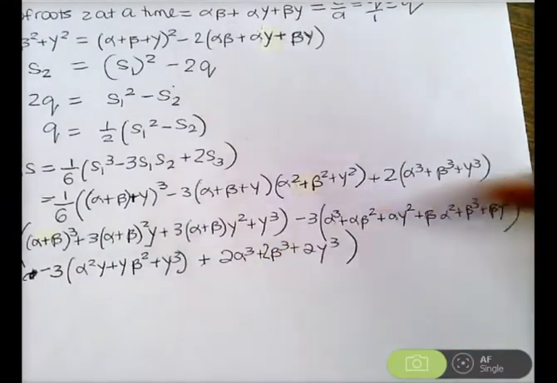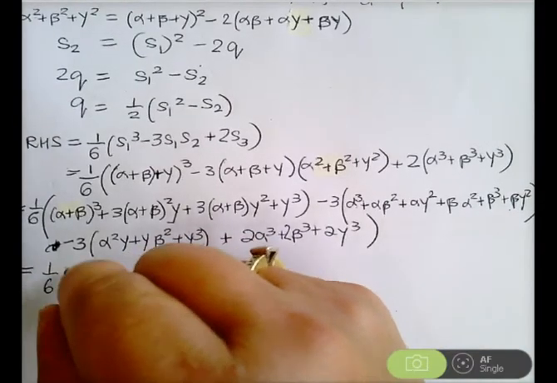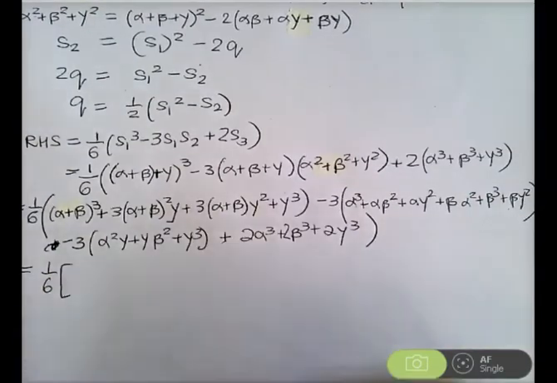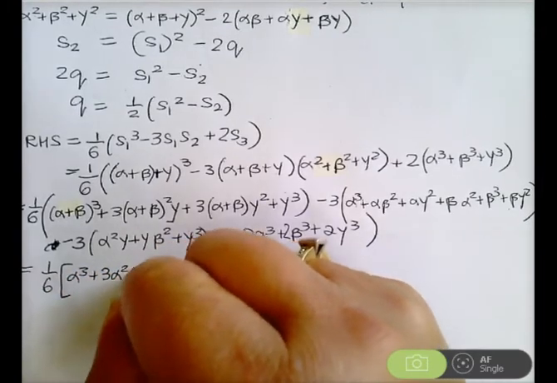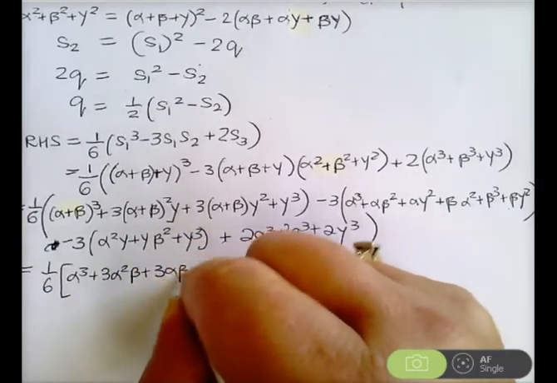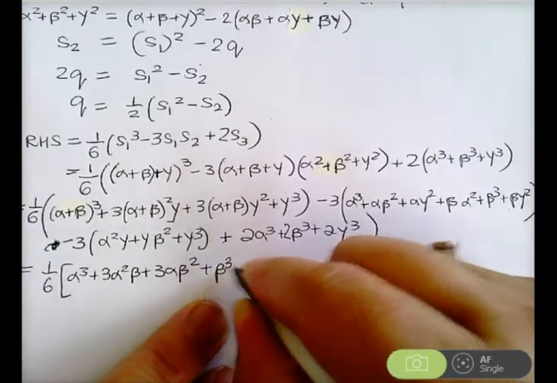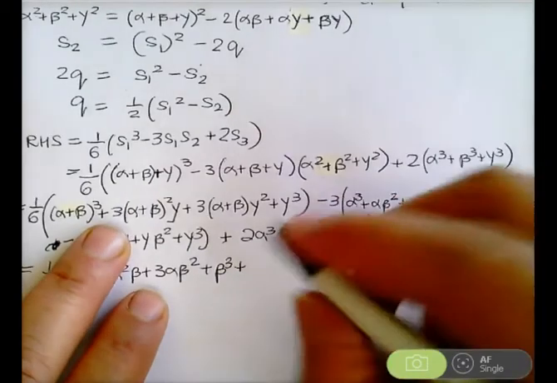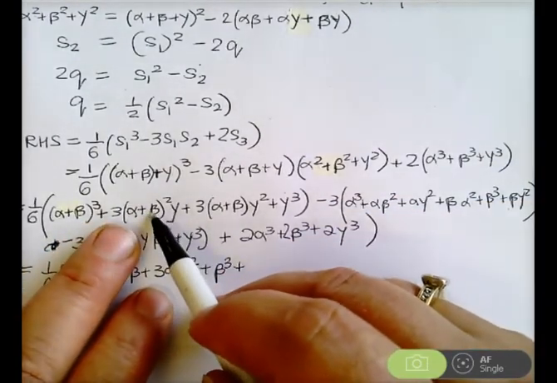Okay, and we'll keep going. It's a mess. 1/6, and I still have to expand alpha plus beta cubed, but that's alpha cubed plus 3 alpha squared beta plus 3 alpha beta squared plus, sorry, next time I won't put anything like this, plus 3 lots of that. Isn't that alpha squared plus 2 alpha beta plus beta squared?